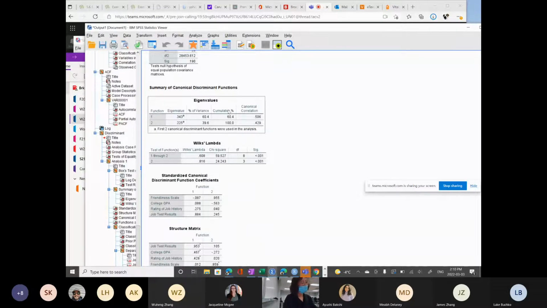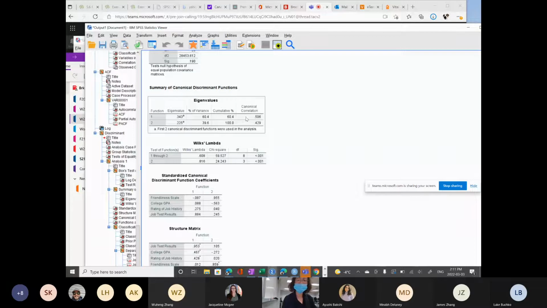Eigenvalue. Remember, we have two functions, function 1 and function 2. We have eigenvalue. We hope the bigger the eigenvalue, the stronger the function.